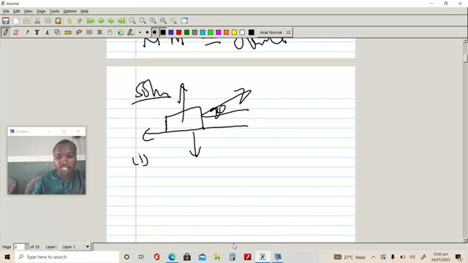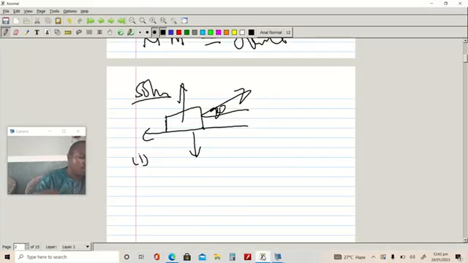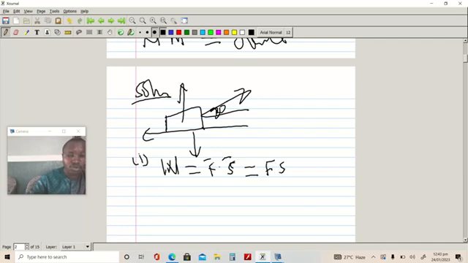So Roman figure 1 says we should calculate the work done by the rope on the block. So of course, work done is equal to F dot S, which is force times distance, and at this point we have Fs cos theta, because they are vectors. Our theta is 30 degrees.